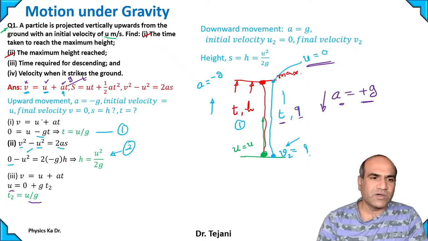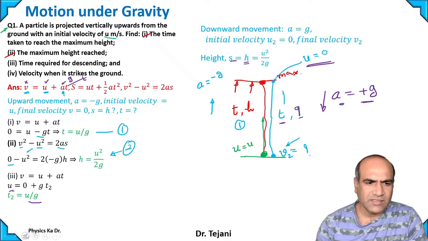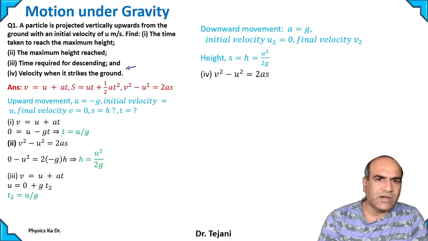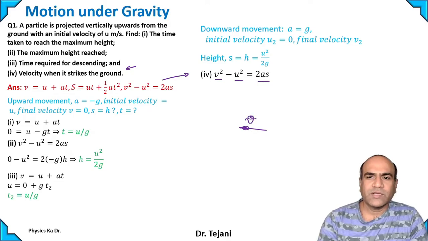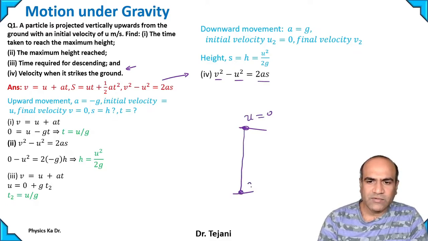So we have found t, and now we need to find out h and v. Let's erase this. Then the last velocity when it strikes the ground: v square minus u square is equal to 2as. We can take this equation here. When the object starts from the top position, initial velocity u is 0, it strikes the ground, and v is what we need, our requirement.